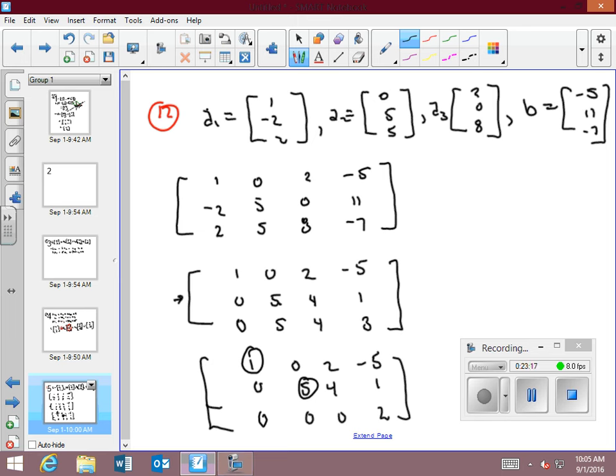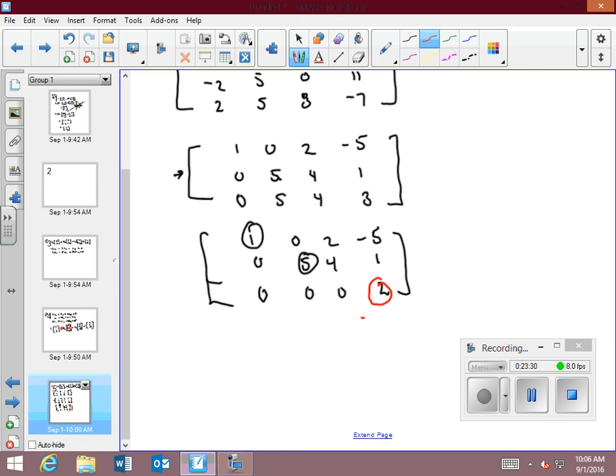In order to be a linear combination, what would this thing have to be? 0, right? So it's not a linear combination.